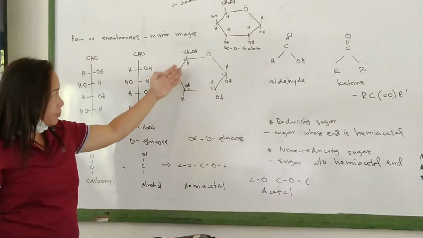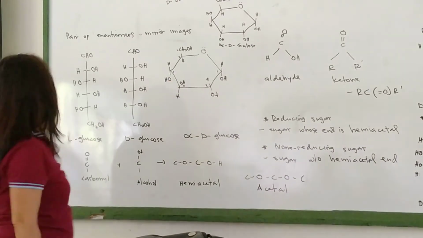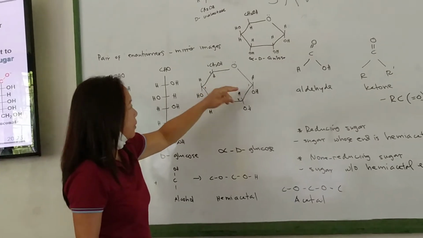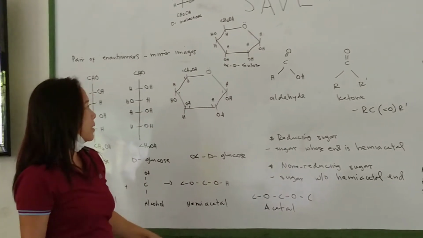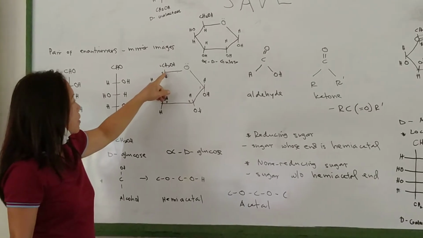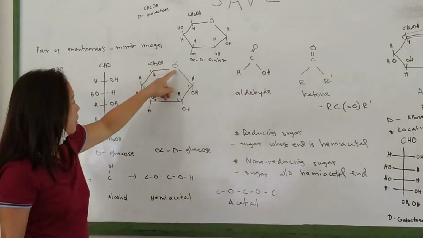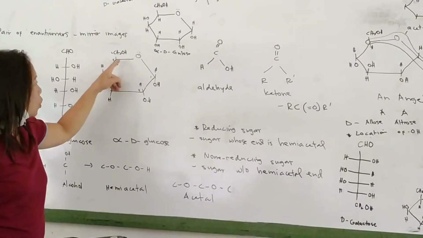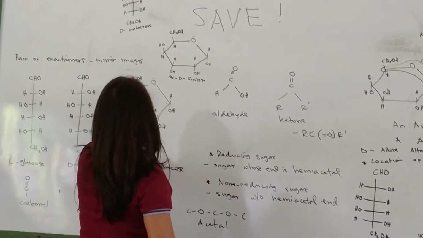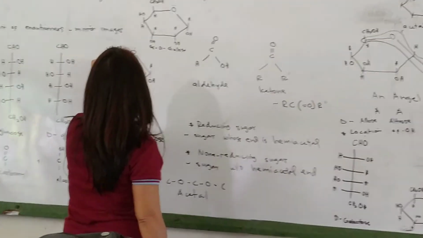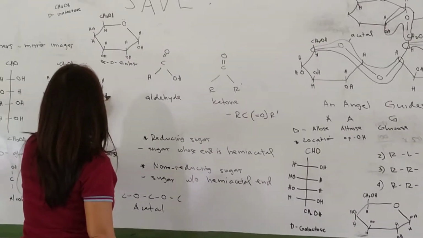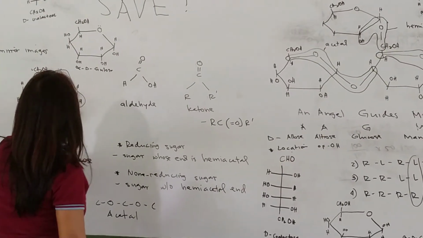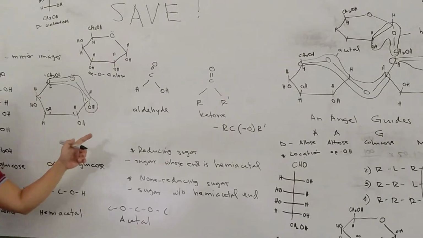Like for example this. This is our glucose. Now, how to locate the hemiacetal? So you have carbon here, oxygen, carbon, then you have the oxygen and the OH. So this portion, C-O-C-OH, that is hemiacetal.